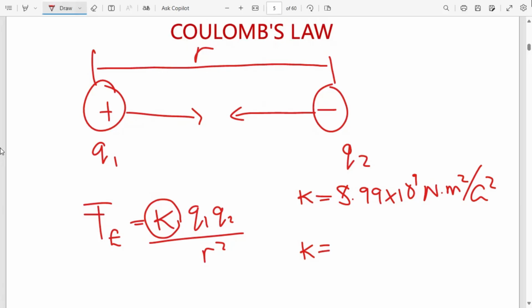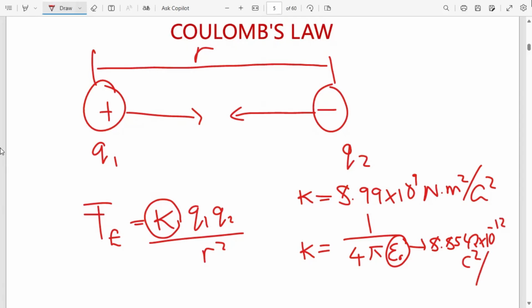We can say K is equal to 1 over 4 pi epsilon, where epsilon, the permittivity, has its own value, which is 8.85 times 10 to the power minus 12 coulomb squared over newton meter squared.